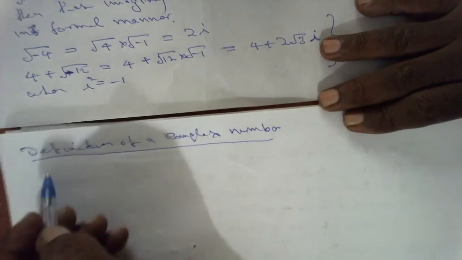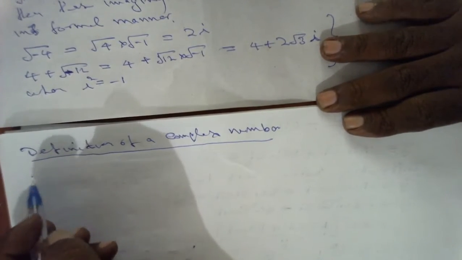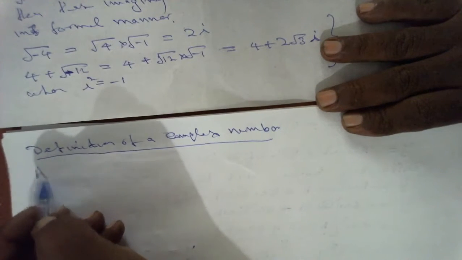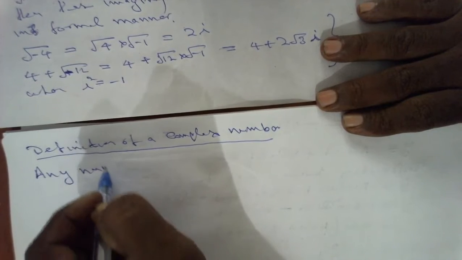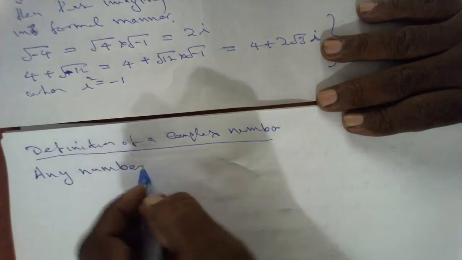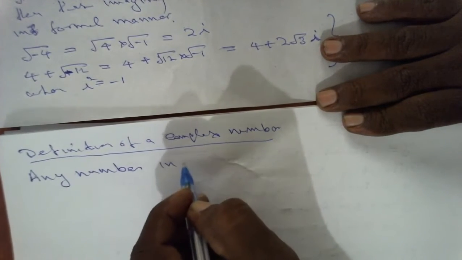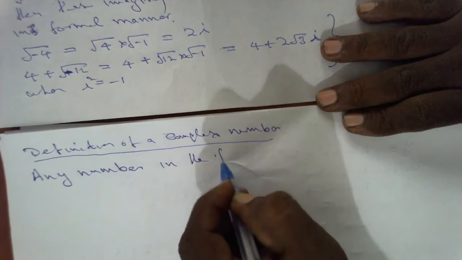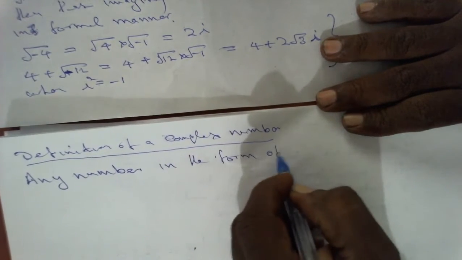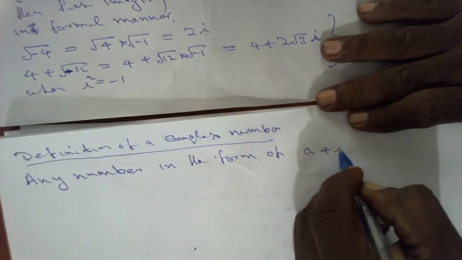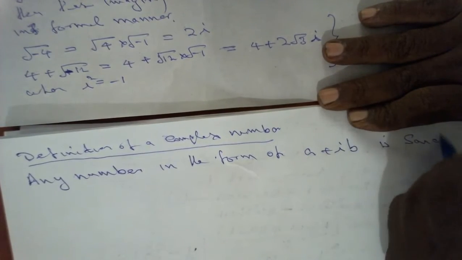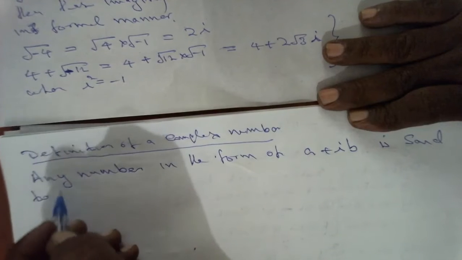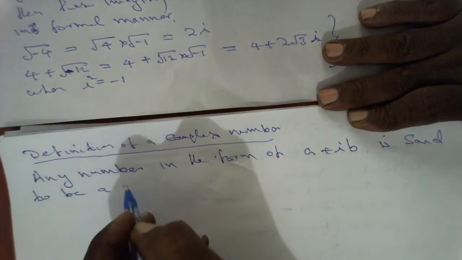Right? Definition is, any number in the form of a plus ib is said to be a complex number.